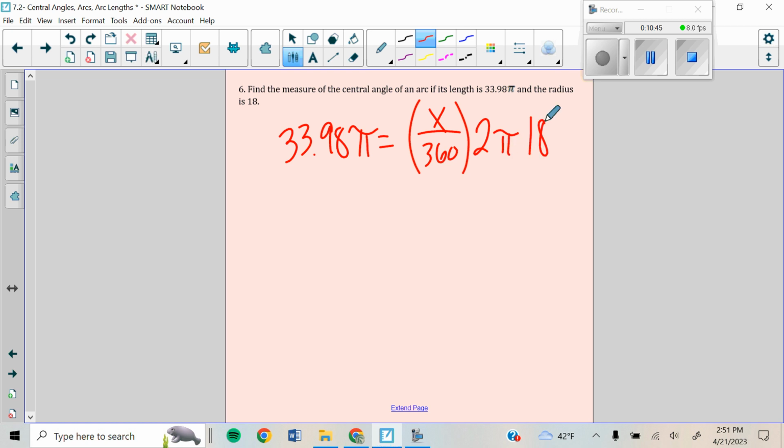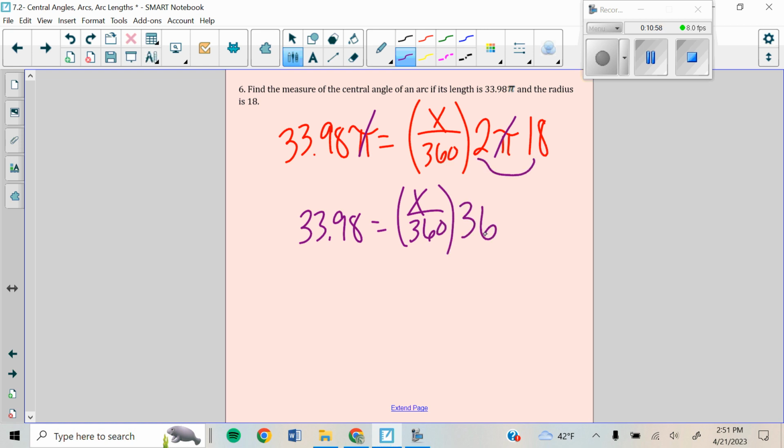All right, again, sweet, this time we have a pi on each side. So I get 33.98 equals x over 360, and then 2 times 18 gives me 36. All right, so we have x divided by 360 times 36. So you can go ahead and divide by 36 on both sides.